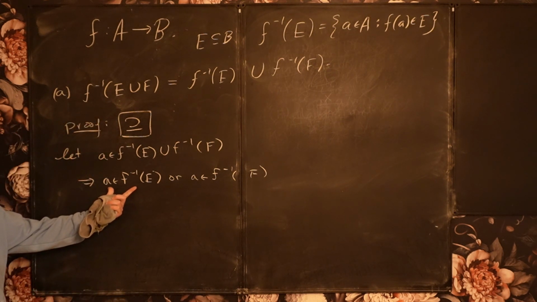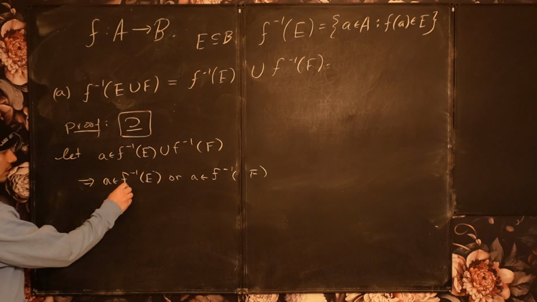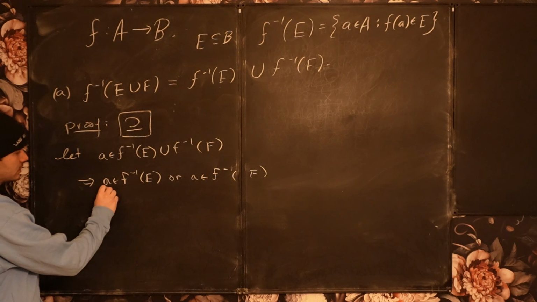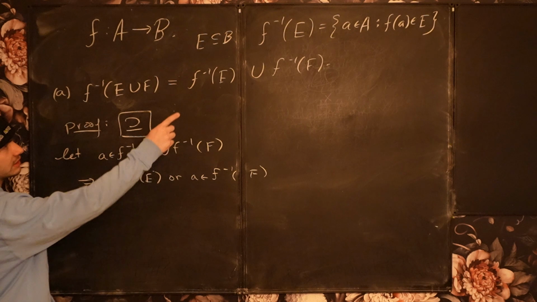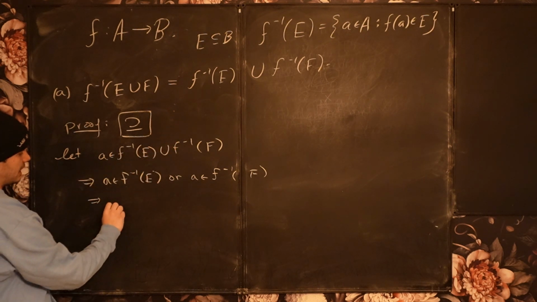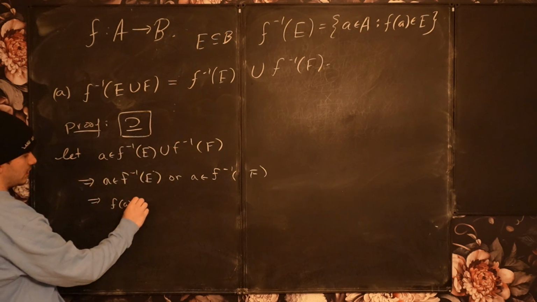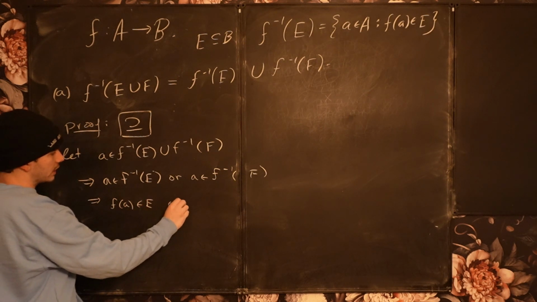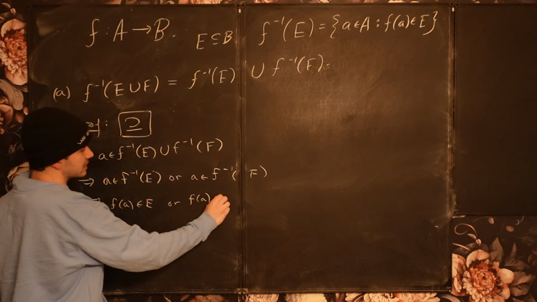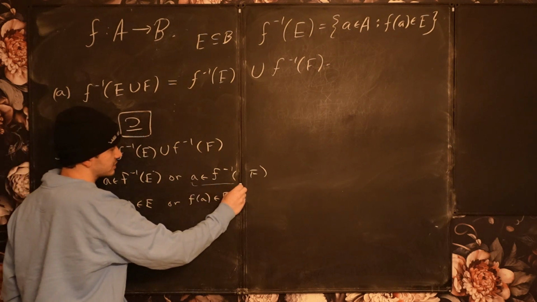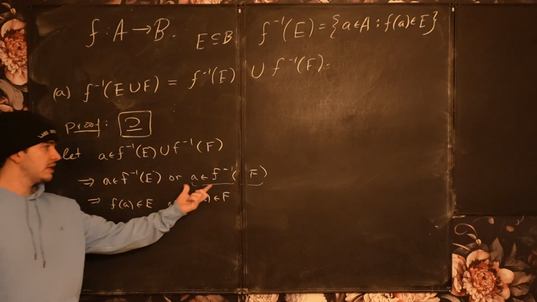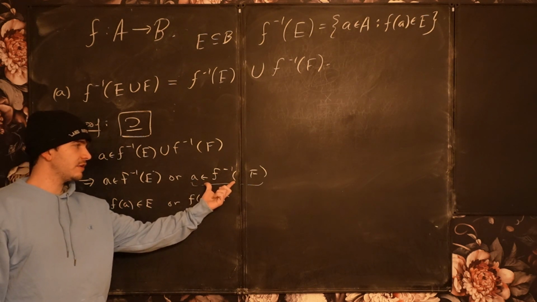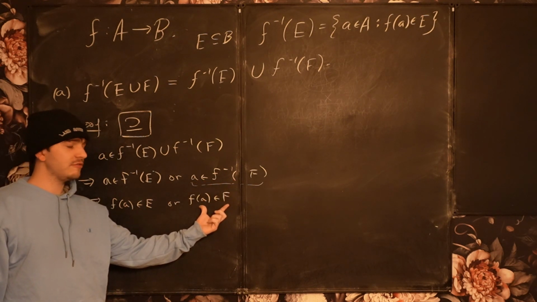And in the case that a is in f inverse of E, well in this case, then we know by definition that if we look at the definition of f inverse of E, this means that f(a) is in E, or f(a) is in F, which is this expression. So this implies f(a) is in E by definition. This expression, a in f inverse of F, implies f(a) is in F by definition.